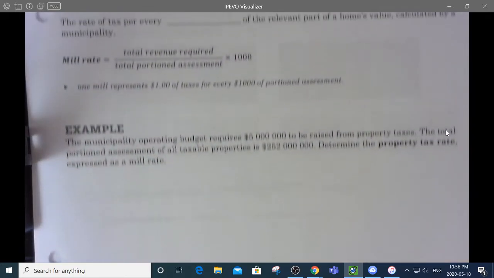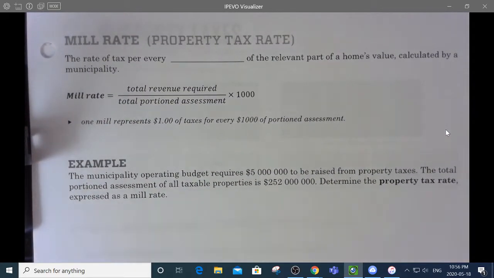Moving on to the next part of the lesson, mill rate. You've probably heard this before. If you follow the news and you hear that property taxes are going up, you've probably heard them talk about increasing the mill rate.